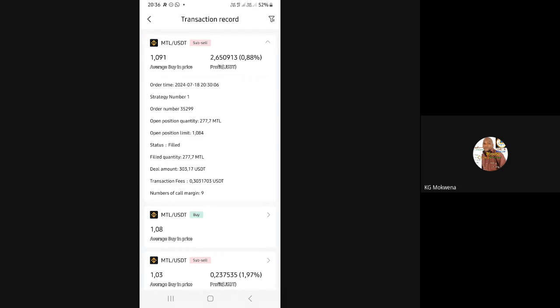And there have been some transaction fees, 0.3031 there. And then the number of margin calls is also portrayed there. And you also know where this was taking place. On top, you see the logo of Binance. So this took place inside your Binance. That's what the robot has done for you. So everything is there. You can see for yourself.